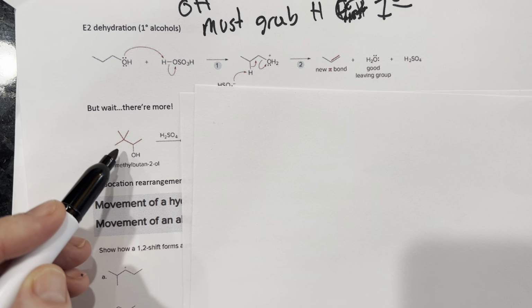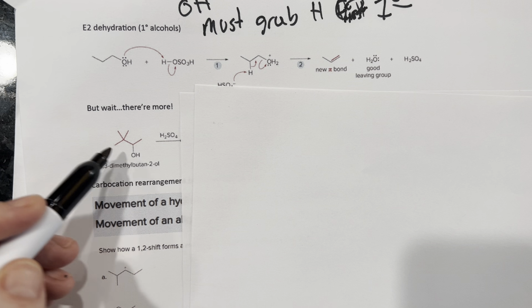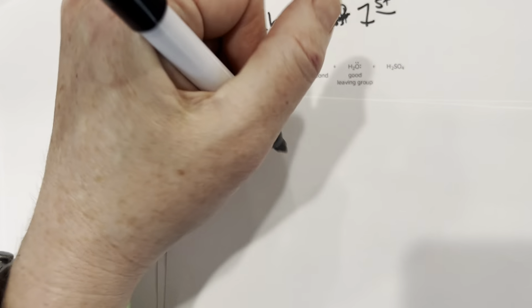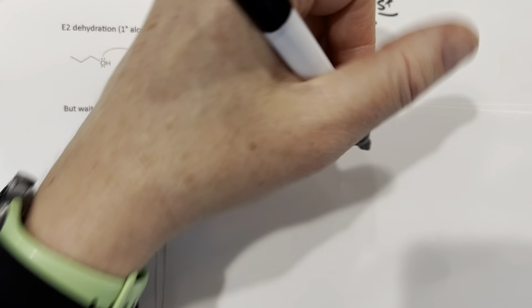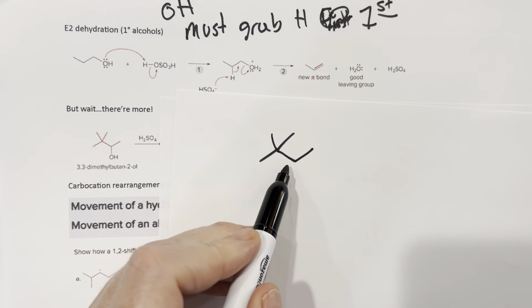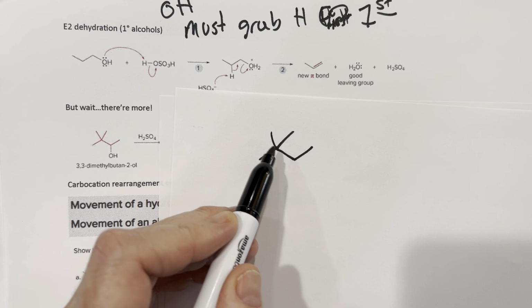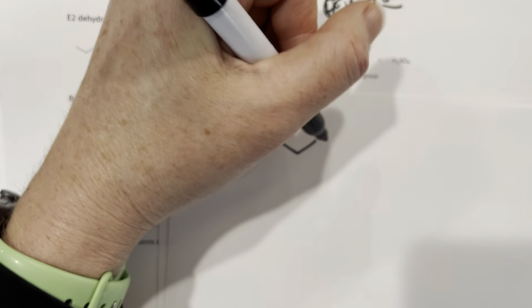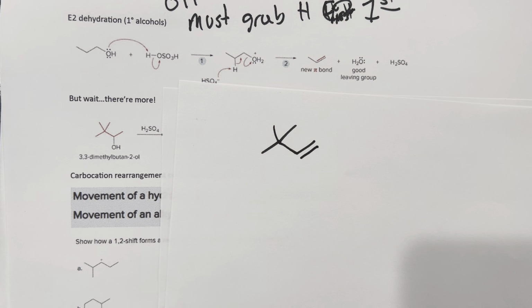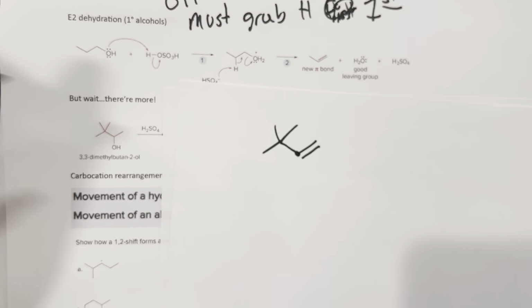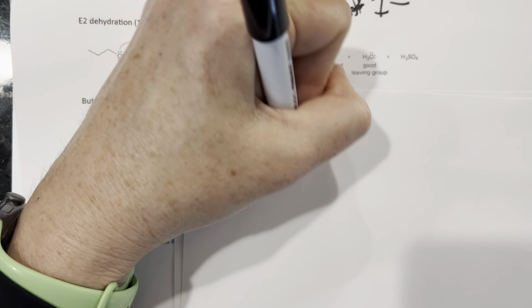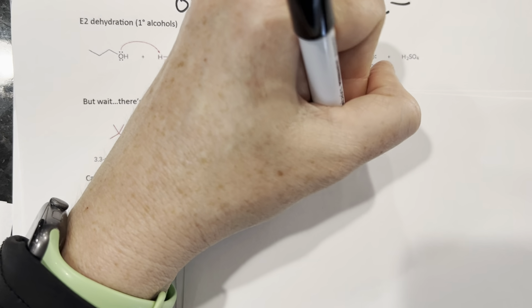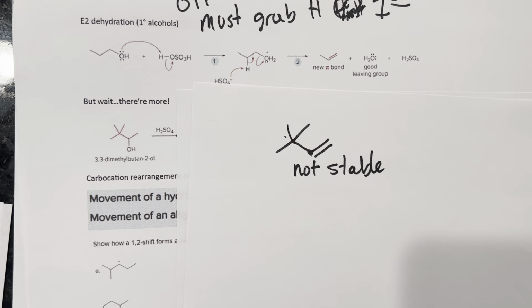I recognize that this is secondary, so it's going to go via E1, and you'd want to draw a double bond here, but you'd recognize that there's 5 bonds to this carbon, so you'd pretty much have to do it there. But we know that this thing's only monosubstituted, meaning it only has 1 carbon attached to either end of the double bond, and this is not stable. So why would it even want to form?